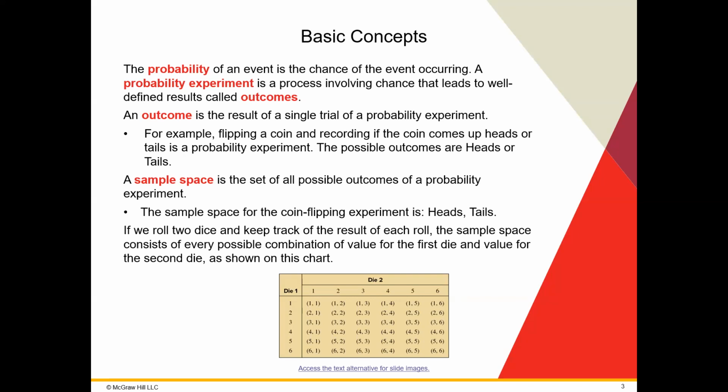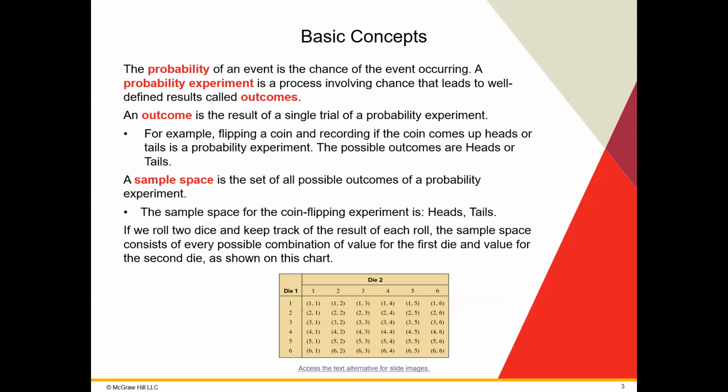Now, when we conduct a probability experiment, we always have what's called a sample space. This sample space clearly lists all the possible outcomes of the particular experiment.